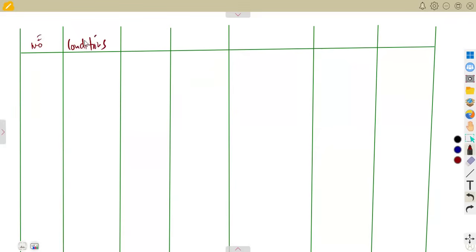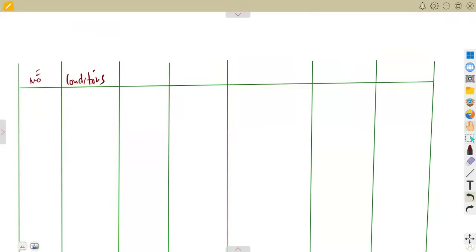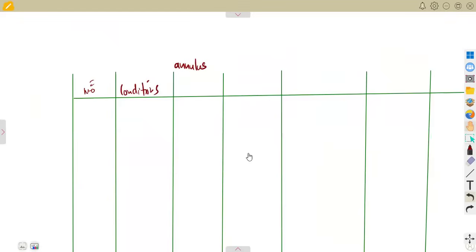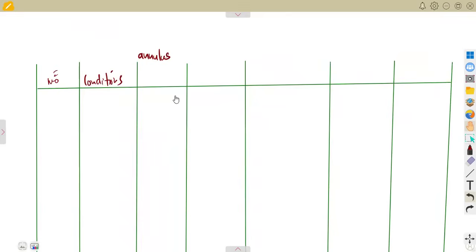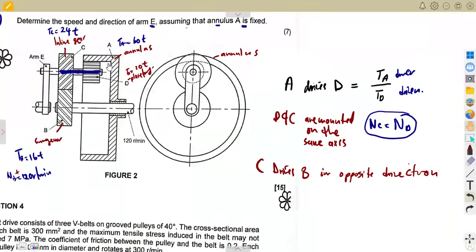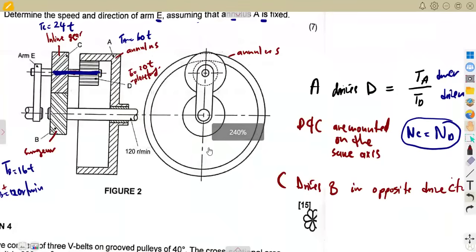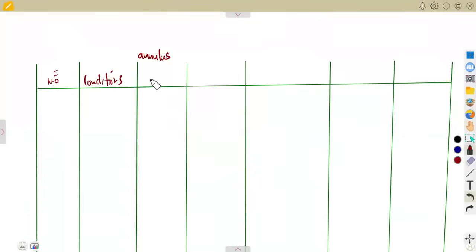Let us consider, we are supposed to start with the annulus in this case, and what is affecting the annulus, which is the outer part, is our gear A, remember? All right, I inserted another page. So remember, the annulus is our gear A in this case. So you are supposed to have gear A, which is our annulus, to the planetary.